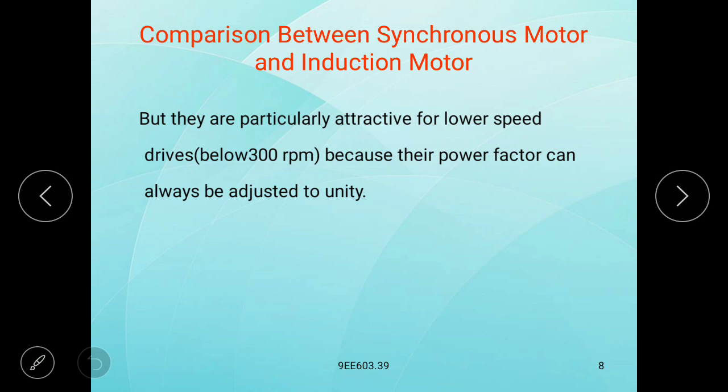But they are particularly attractive for lower speed drives because their power factor can always be adjusted to unity.